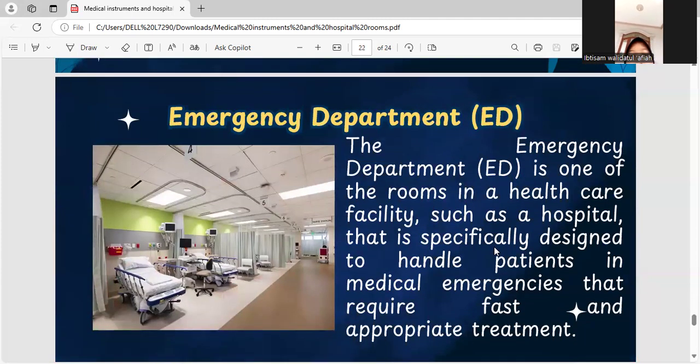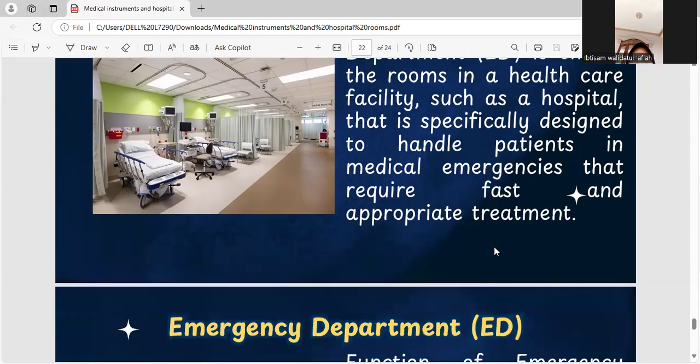The next is the emergency department. The emergency department is one of the rooms in a healthcare facility, such as a hospital, that is specifically designed to handle patients in medical emergencies that require fast and appropriate treatment.